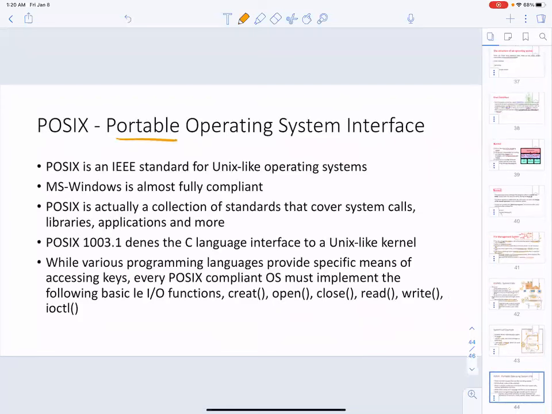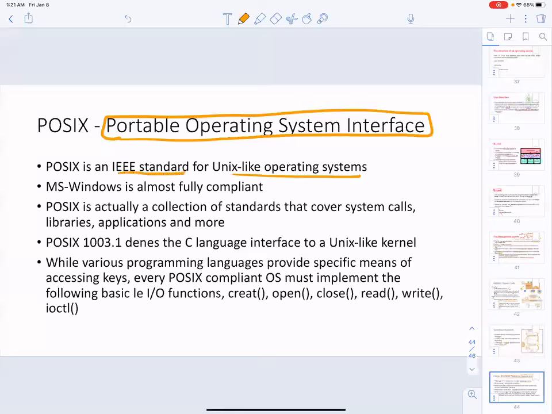So what is the standard portable operating system interface? The portable operating system interface is an interface provided by the Unix IEEE standards for Unix-like operating systems, such that for every reading operation we have a standard system call, and for every writing operation we have a standard write call. This is the standard IEEE in all Unix-like operating systems.